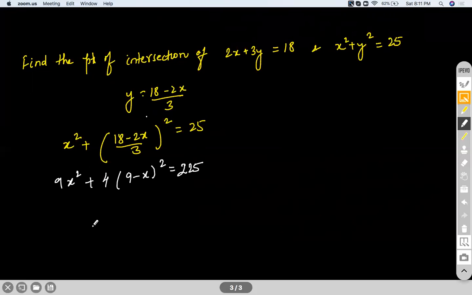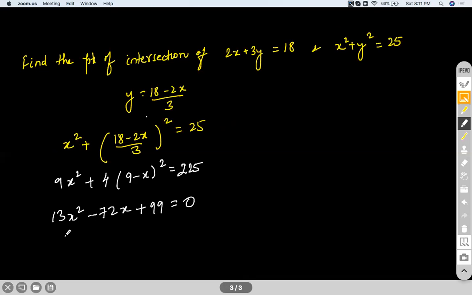Let us expand this. So 9 plus this will become 13x square, and here I'll get 1870 minus 72x, and the constant term will be 81 into 4. 81 into 4 is 324. 324 minus 225 is 99.